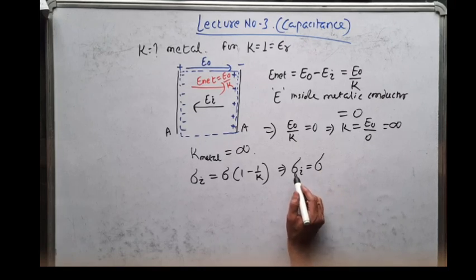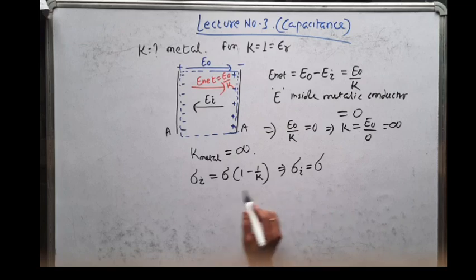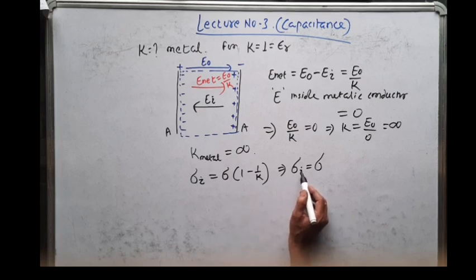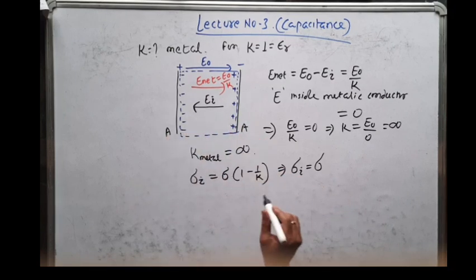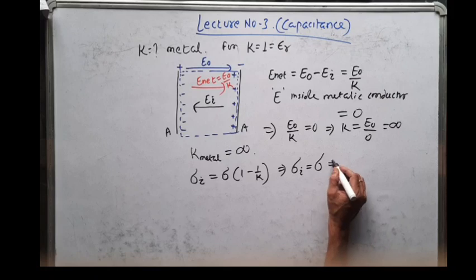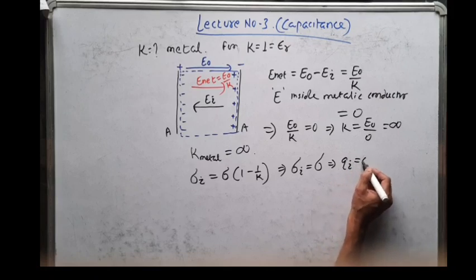Same amount of charge is induced across the metal as the charge on the plate of the capacitor. That means if sigma I is equal to sigma, we can say Qi is equal to Q.